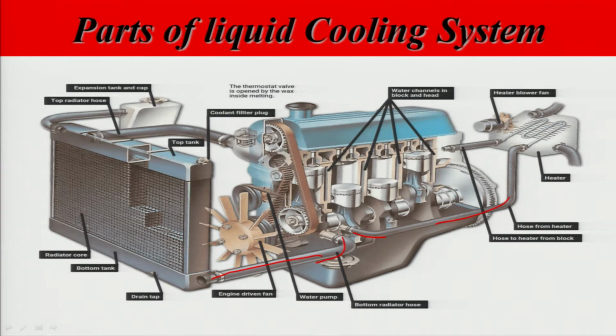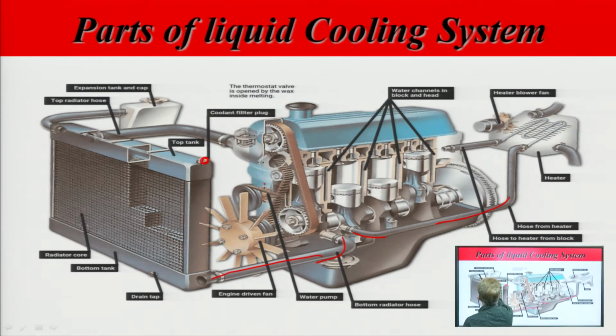So, fan power is partially taken from the engine, and this is the water pump, this part is the water pump, coolant filter, either liquid or another coolant can be filled by opening this knob, and these are the tanks, this is the top radiator hose, this is the lower tank, this is the upper tank, and this is the radiator core, finned cores in fact.